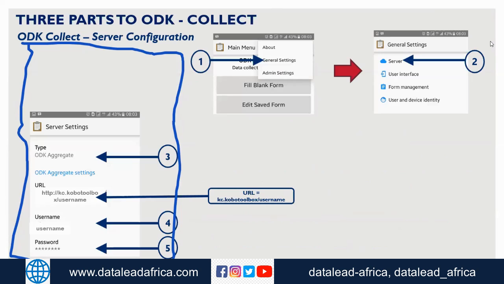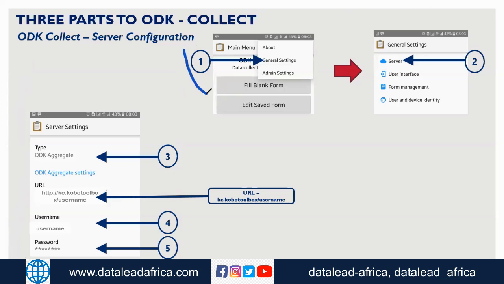Once you open your phone and it's open this way, if you go to the top right, you will see three dots. If you open that three dots, it will open up something that looks like this.